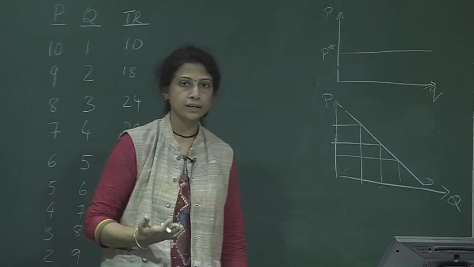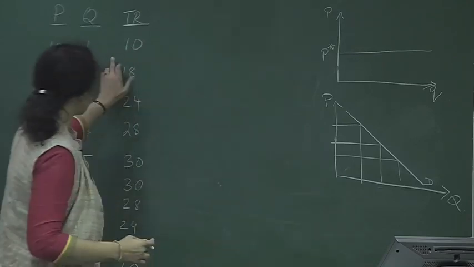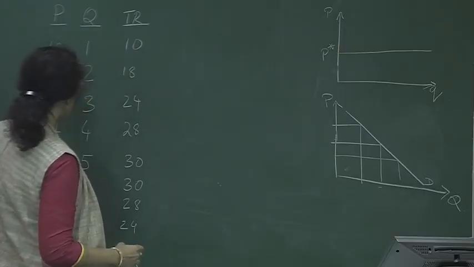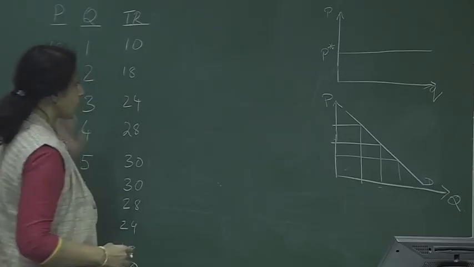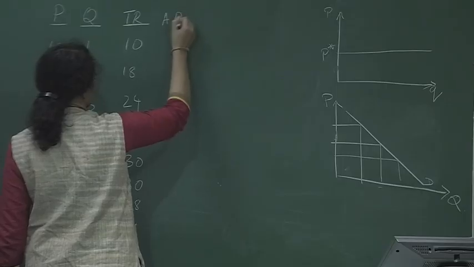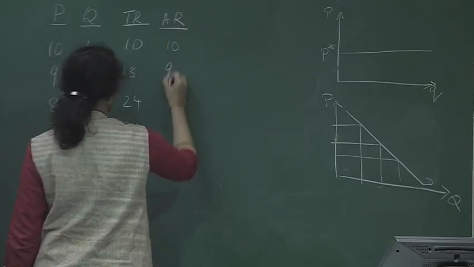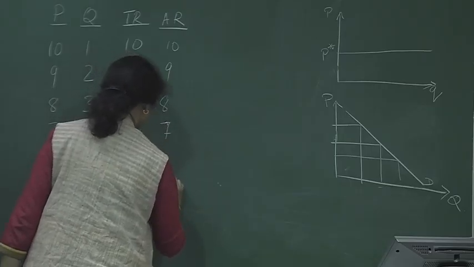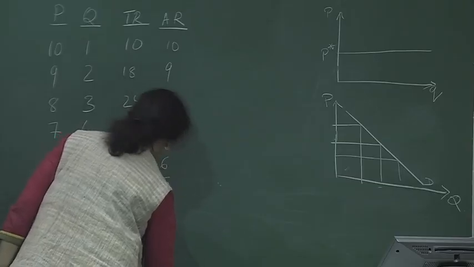You can all see from here that average revenue is price, because total revenue divided by quantity is average revenue. So average revenue is always price. Like perfect competition, average revenue is 10, 9, 8, 7, 6, 5, 4, 3, 2 and 1.